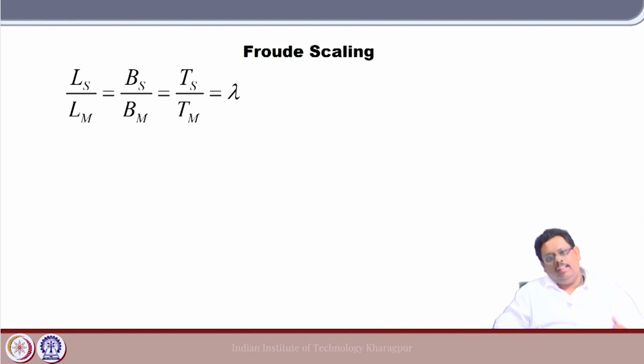Now, let us say LS, BS, TS are the length, breadth and draft of the original vessel, or you can call it the prototype, and LM, BM, TM are the length, breadth and draft of the model scale vessel.